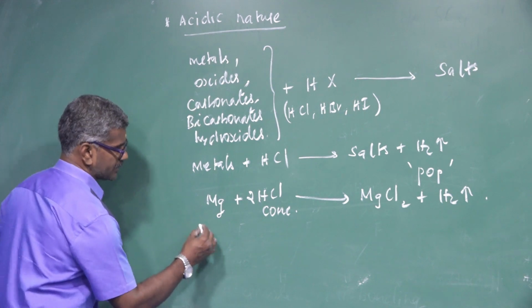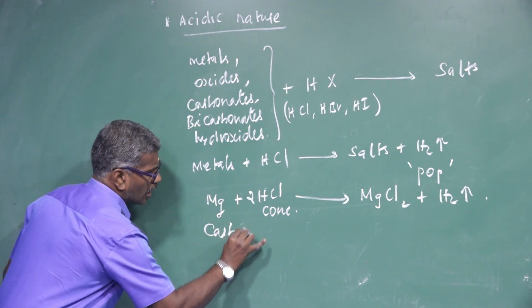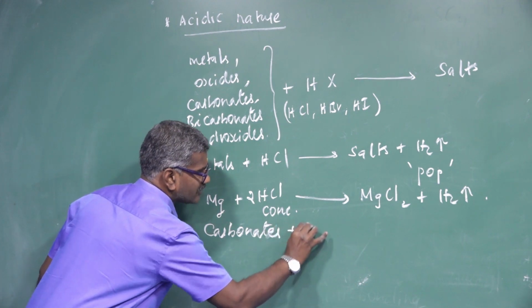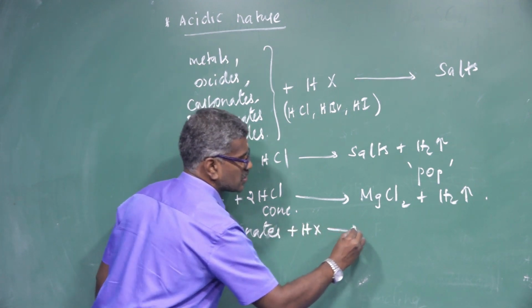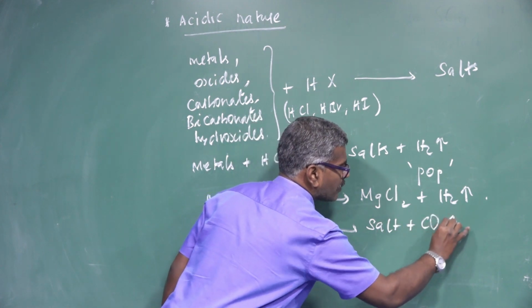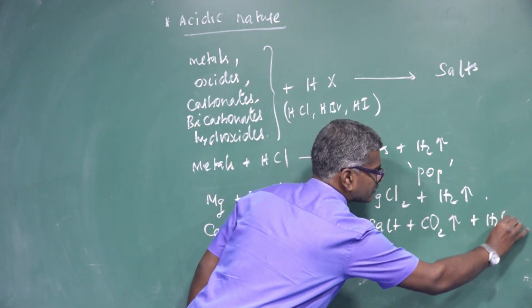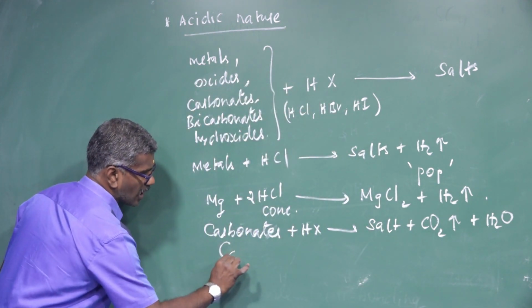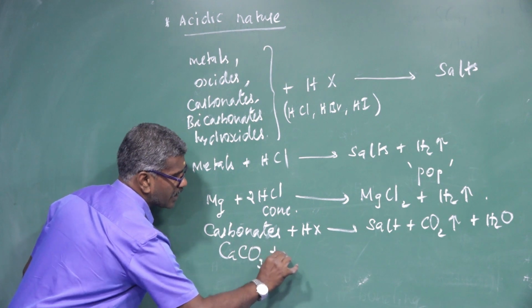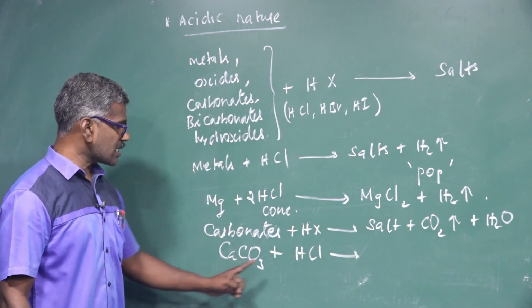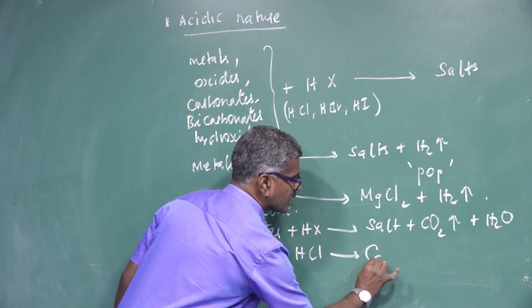Another one, carbonates. Carbonates react with HX to form salt plus carbon dioxide plus water. For example, calcium carbonate reacts with HCl. Calcium reacts with chlorine to form calcium chloride.